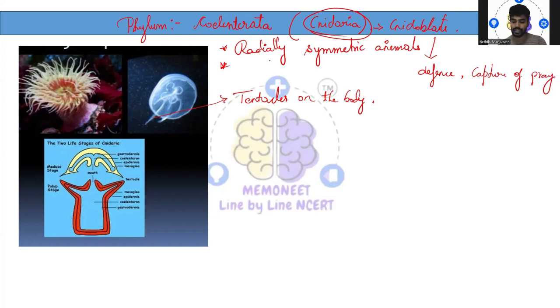Right. So what kind of level of organization do they exhibit? They exhibit tissue level of organization, and they are diploblastic organisms, right?